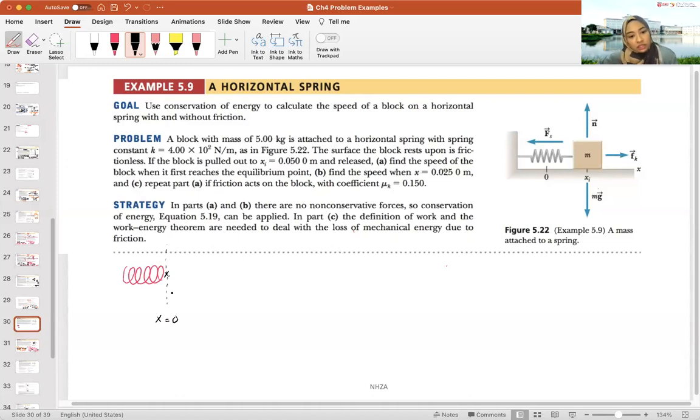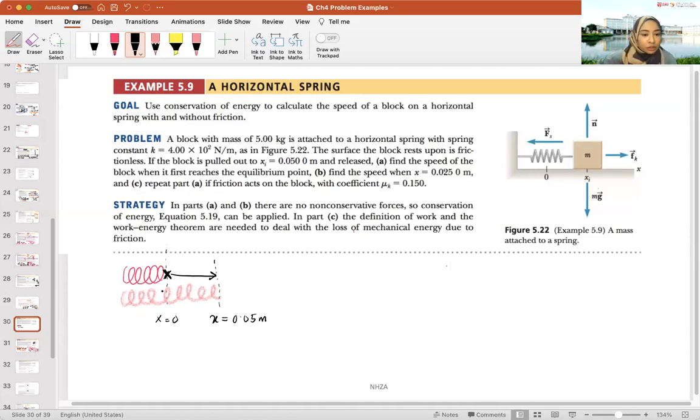And then when it is doing something, I can quantify that displacement. So when we stretch it, it will become elongated, and the displacement of this end of the spring would go by some displacement. And in this case, they stretched it up to x equals to 0.05 meter. Okay, I'm going to repeat myself here.